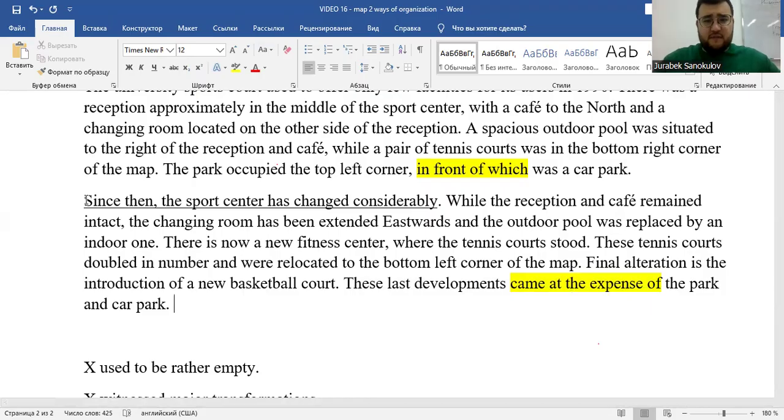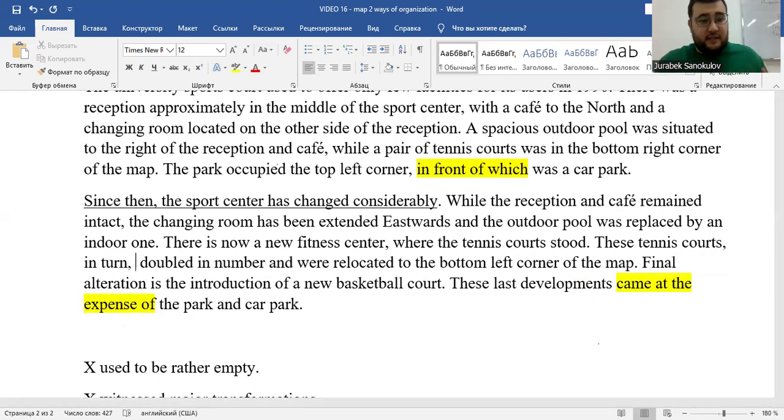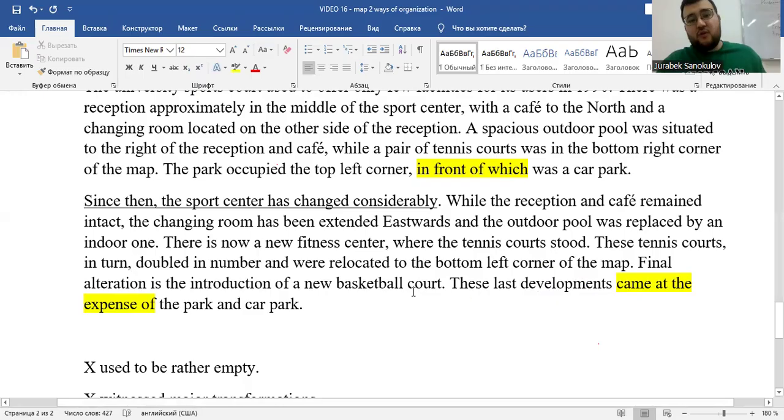While the reception and cafe remain intact, the changing room has been extended eastwards, and the outdoor pool was replaced by an indoor one. There is now a new fitness center where the tennis courts stood. These tennis courts, in turn, which basically means as a result, doubled in number and were relocated to the bottom left corner of the map.